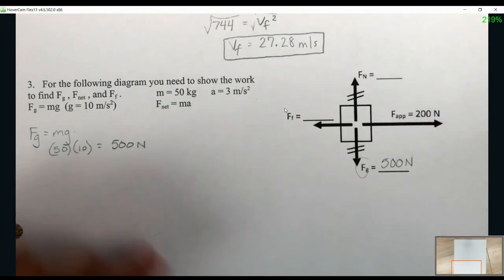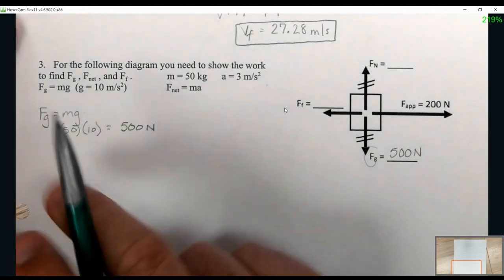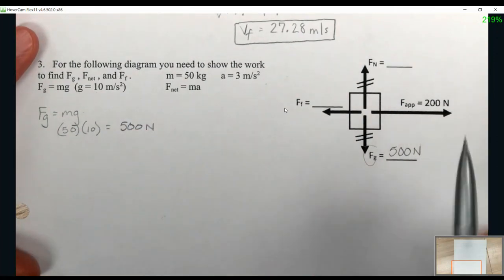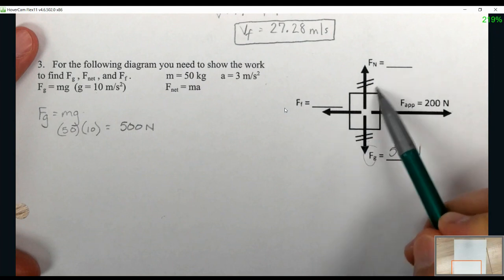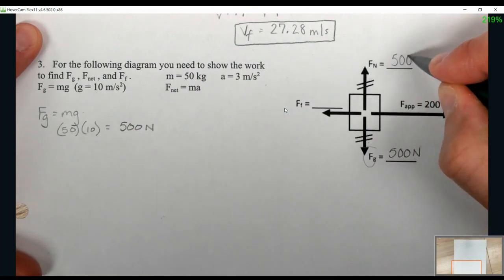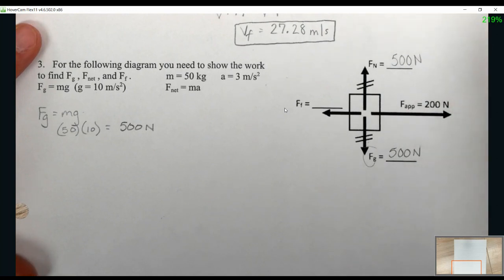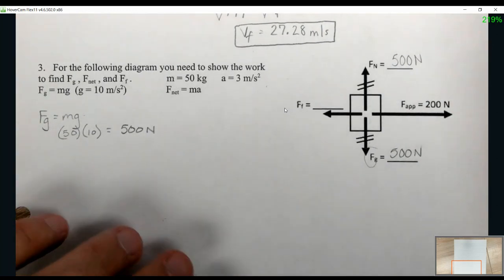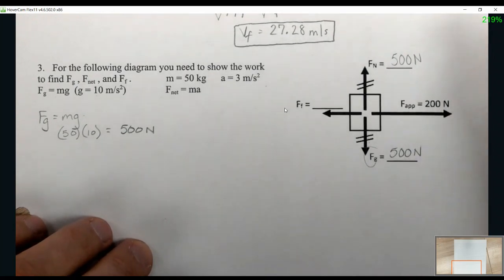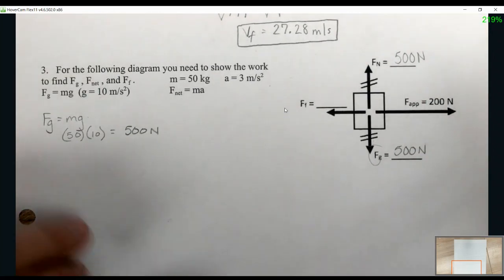You would get a point for showing the work here, a point for writing it down, another point for having this right here, the equal sign, just rewriting it up there, because it wants a full, complete free body diagram with all the forces and all their values labeled. Cool, got it, right on.